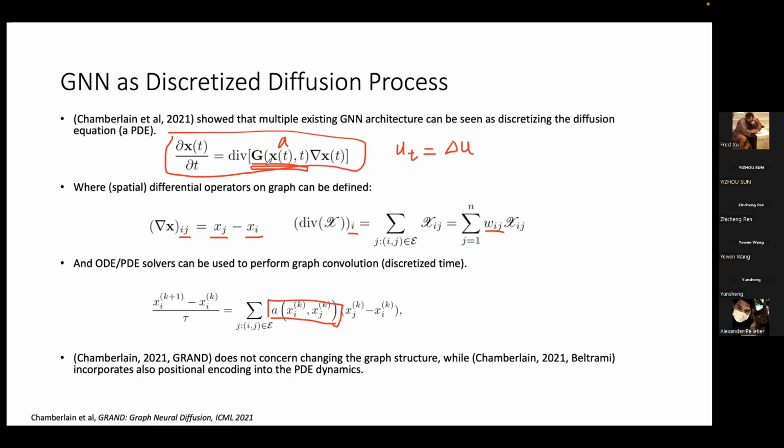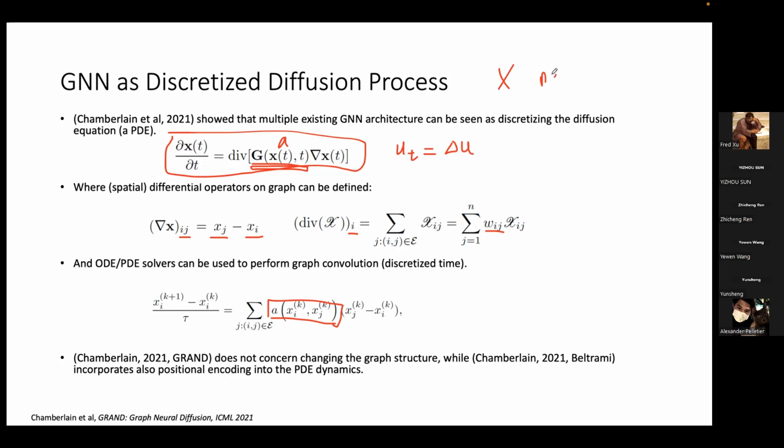Then for this XT, are we talking about one node with d-dimensional feature, or a collection of nodes? I think we can talk about a collection of nodes. That's assuming that X here is the entire feature matrix of the graph, right? So that would mean it's n times d.